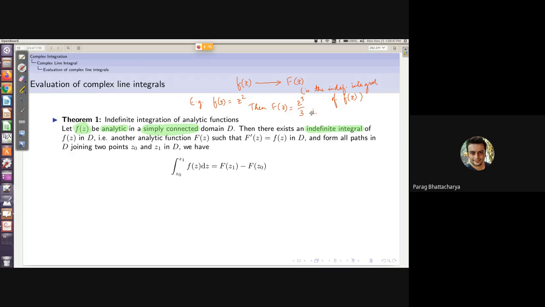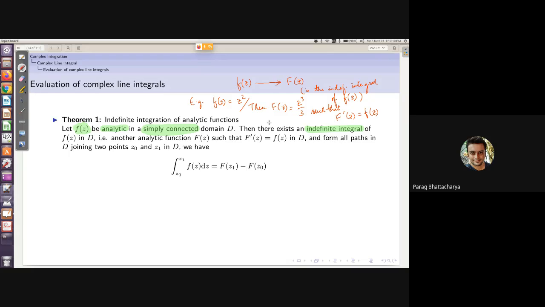Such that the differentiation of capital F of z is going to give us small f. You can see here, if you differentiate z cube by 3, we'll get 3z square by 3. The 3 and 3 will get cancelled, and we'll get z square. So that's the idea.